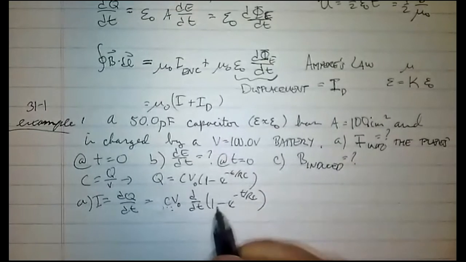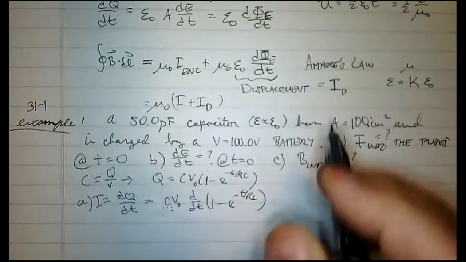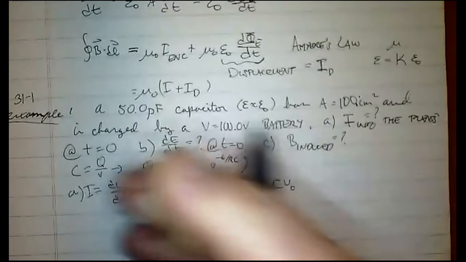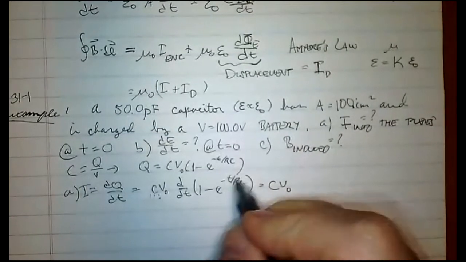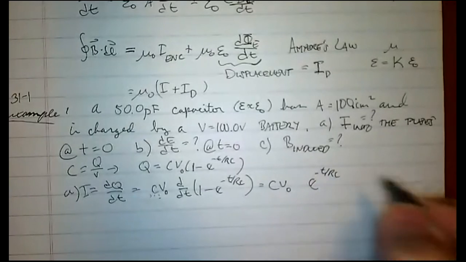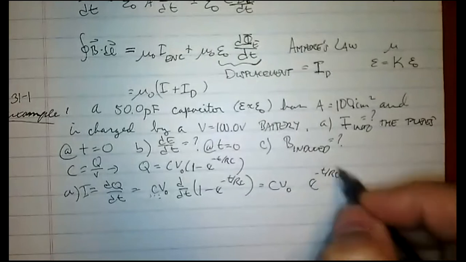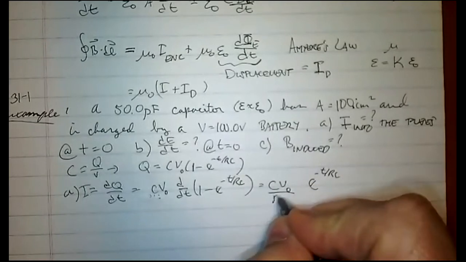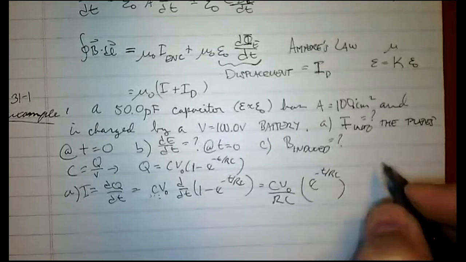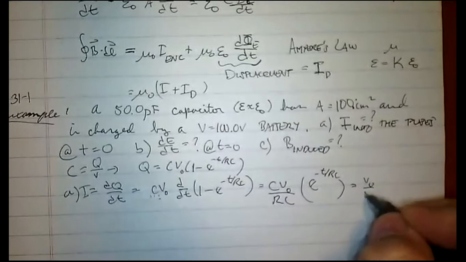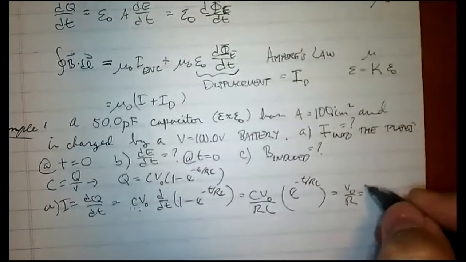The first term, the 1, gives a derivative equal to 0. So I get C times V0, and then the derivative of e to the negative t over RC is e to the negative t over RC, but now I have to take the derivative of what's up in the exponent, which is negative 1 over RC. It already had a negative, so that took care of the sign. So I ultimately get just plain V0 over R, which is 100 volts over R.